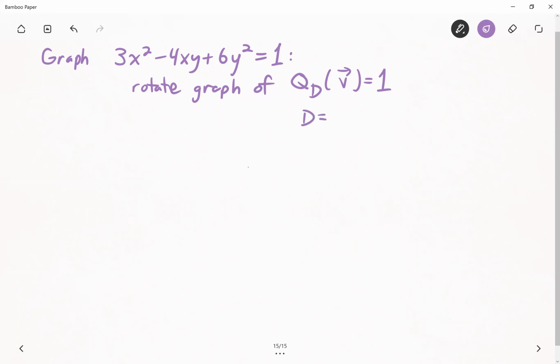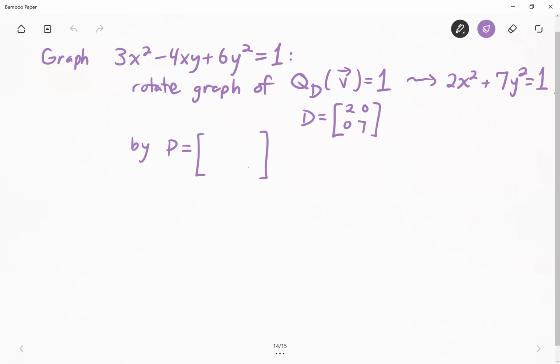And D was a diagonal matrix consisting of the eigenvalues 2, 0, 0, 7. So that means this quadratic form is equivalent to 2x squared plus 7y squared equals 1, by the rotation matrix of eigenvectors.